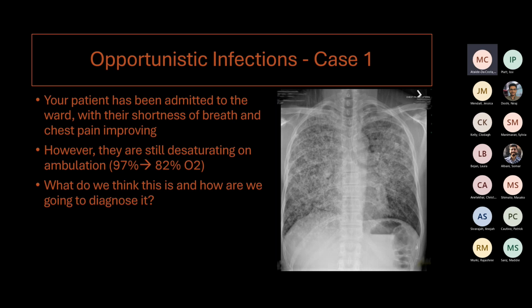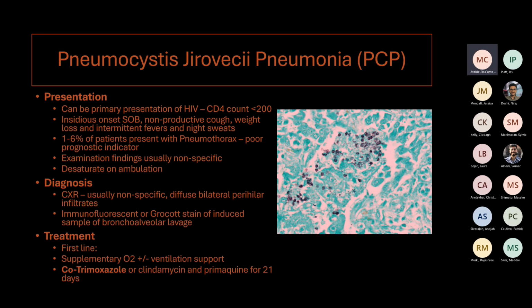Very good. Bronchoalveolar lavage and a silver stain. Very good. Yeah, you can do the chest X-ray. This is a very, very severe chest X-ray of it. You're more likely to get the very faint reticular shadowing, like you saw in the first chest X-ray I gave you. But very good, Jessica.